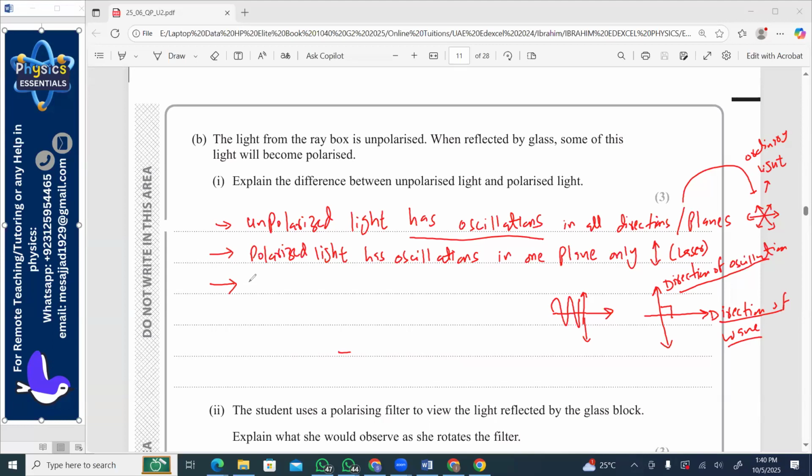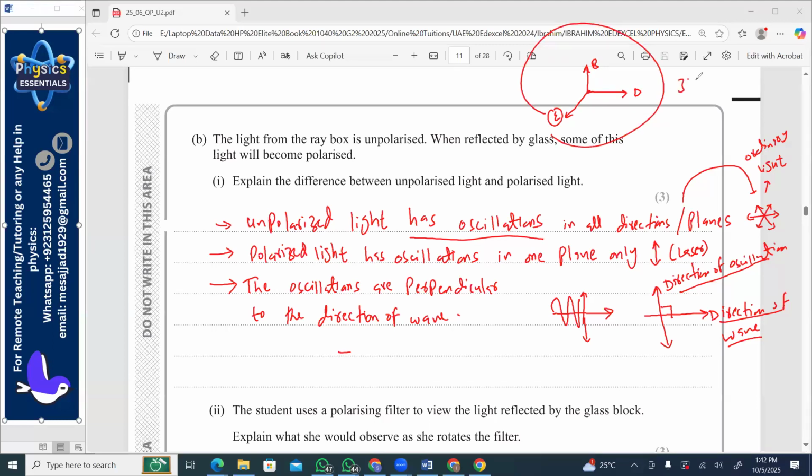So you just need to write that the light, the electric field, is spreading out in all the directions.